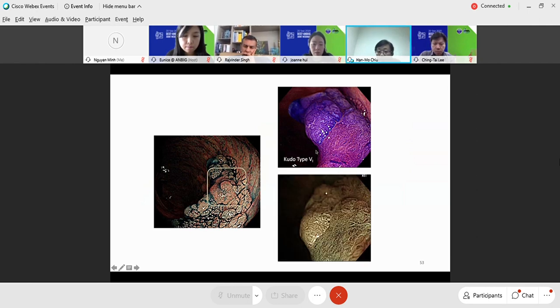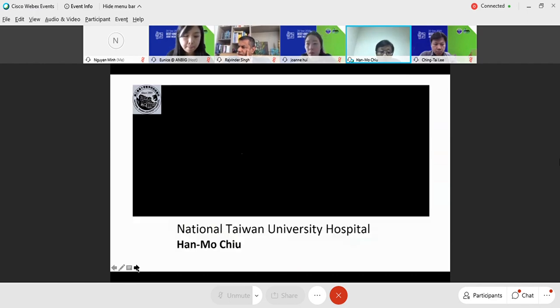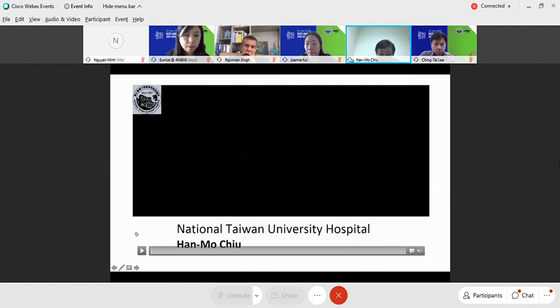And this area corresponds with what we observe under narrowband imaging with a little bit greenish color with type 2B JNET capillary pattern. So this lesion turned out to be an SM invasive cancer.